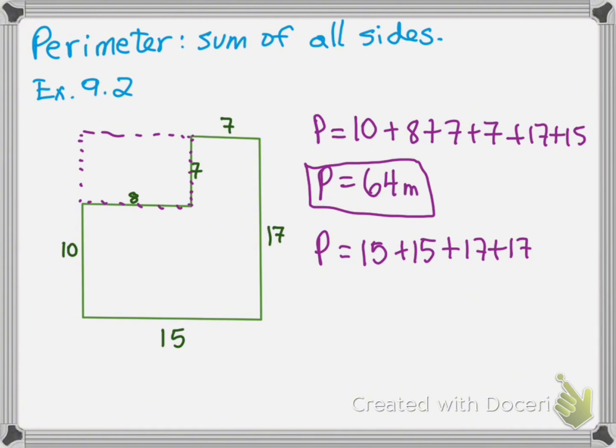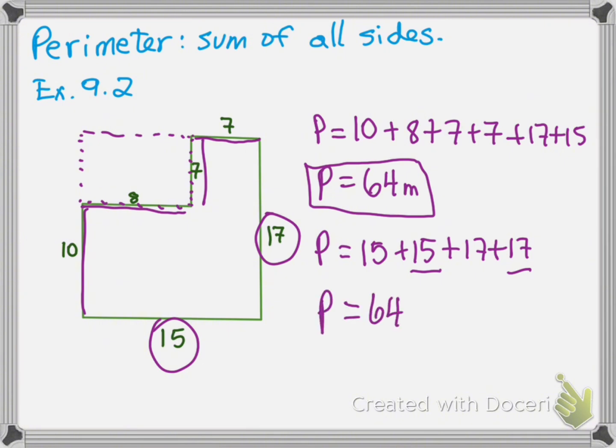Because we see that 8 plus 7 is 15 and 7 plus 10 is 17. So we know that these two numbers are going to be added twice. So 15 plus 15 and 17 plus 17, which is also 64 meters.